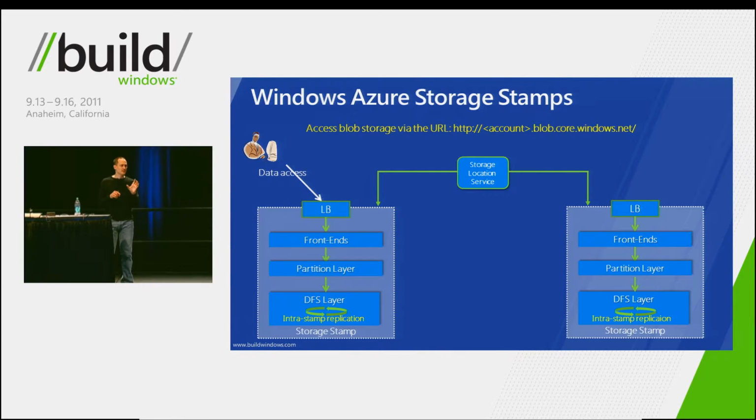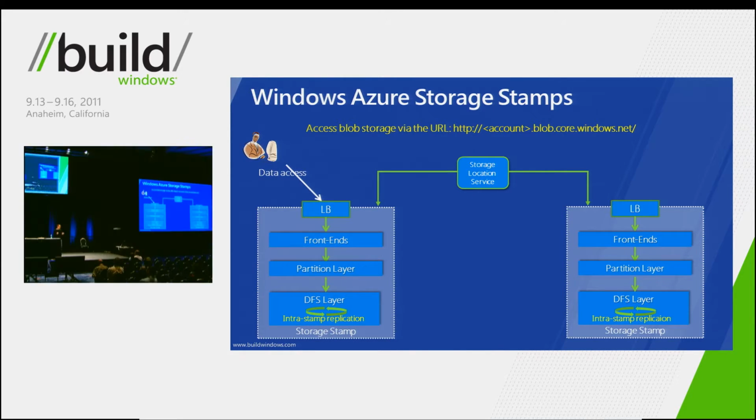What this is in charge of is account allocation to those storage stamps, as well as account migration and account load balancing. It's also in charge of setting up geo-replication for accounts. And it's also in charge of doing the failover if we need to trigger a failover for a certain set of accounts.